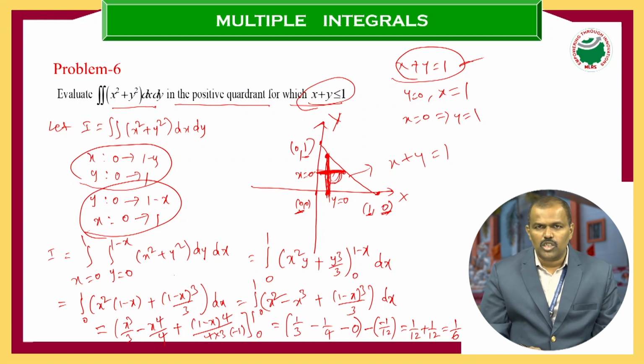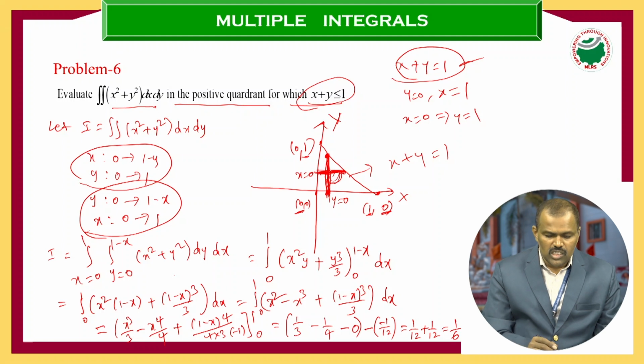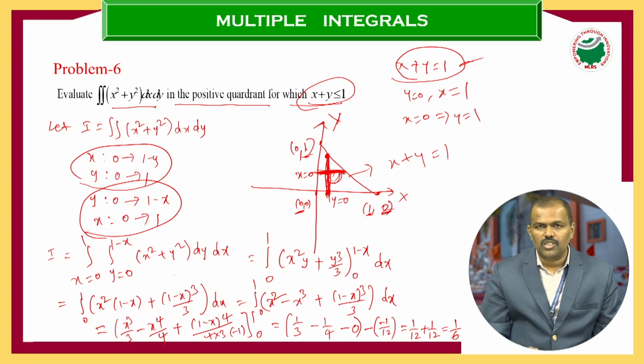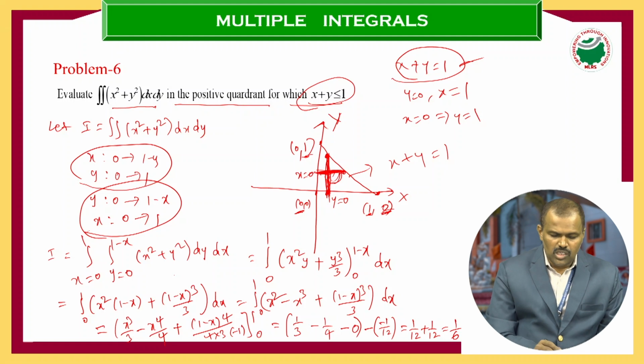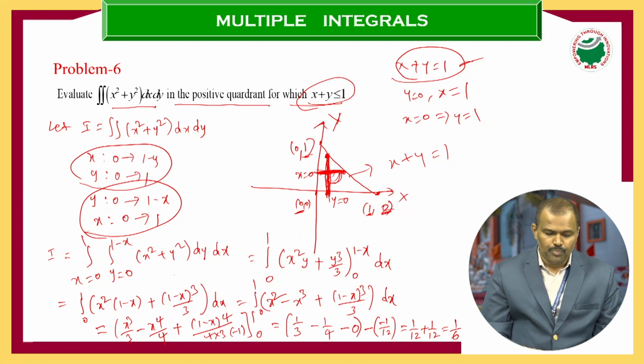When I substitute the limits, I have to substitute in place of y. So that is x square into 1 minus x plus 1 minus x whole cube by 3 into dx. So that is equal to integral 0 to 1 of x square minus x square into x, that is x cube, plus 1 minus x whole cube by 3 dx.